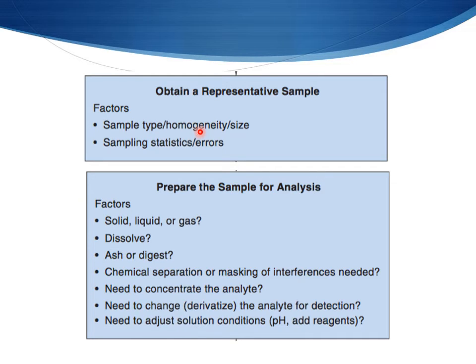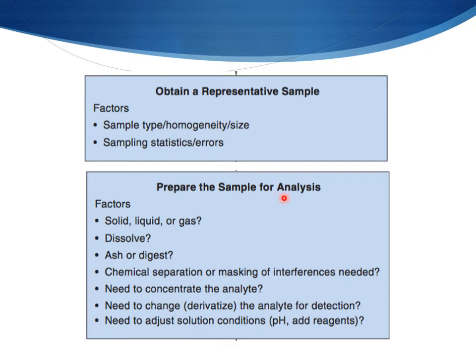The sample should be homogeneous so that it can represent the whole community. We should also be concerned about the size. So we should select a sample size which can represent the community, and then we will perform sample statistics on it and consider how much error we can accept. So we have to consider all these factors.